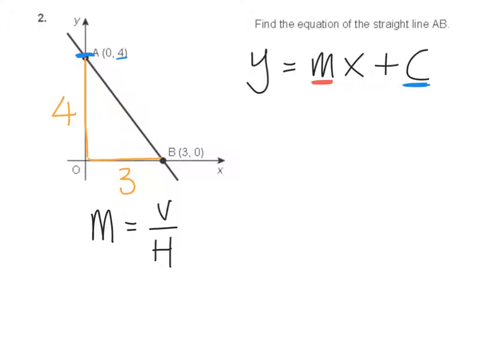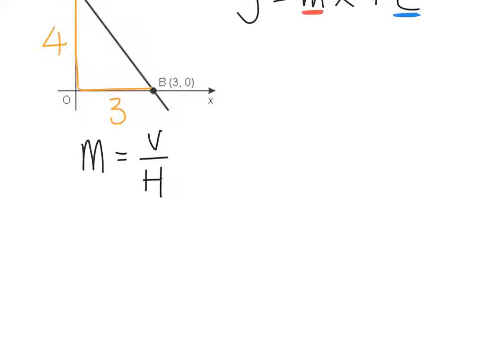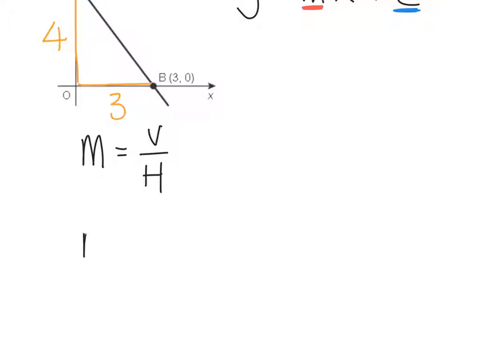So that gives us 2 numbers that we can substitute into our formula. m for gradient equals 4 over 3. We need to remember at this point that since it's sloping downwards from left to right, the gradient is negative.